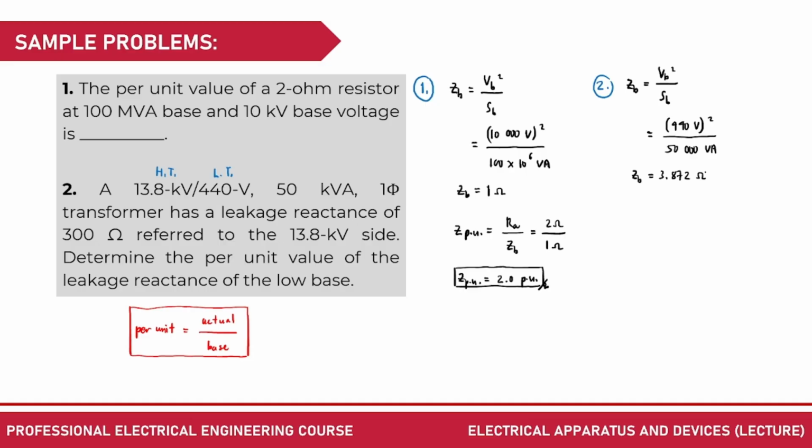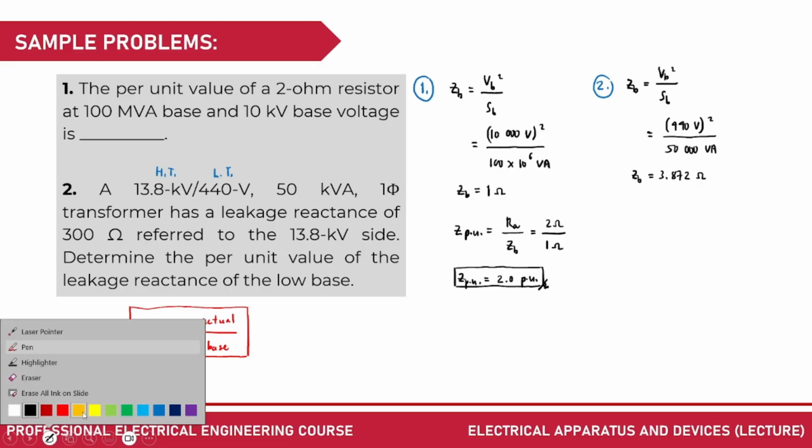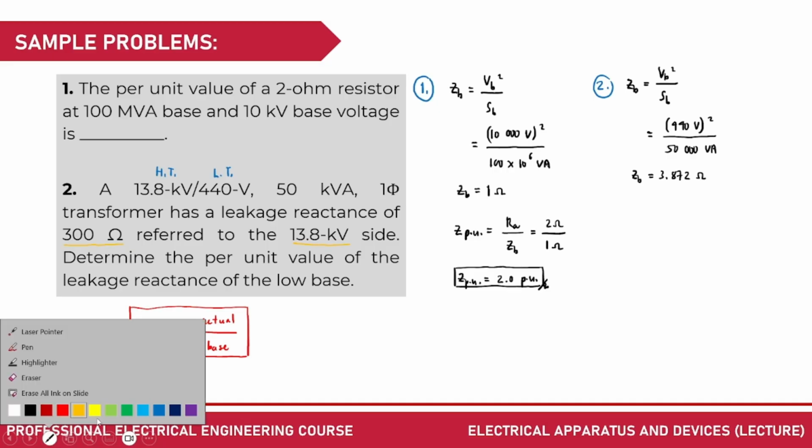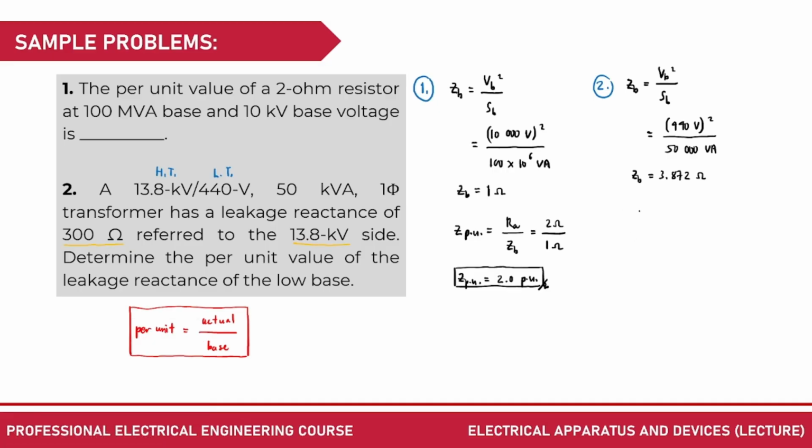Now, the complication here is what? We need to find the per unit value of the leakage reactance of the lower one. However, what's given to us is this reactance referred to the high side. So using the previous formula for transformer, we know that XEP over XES is equal to A squared.